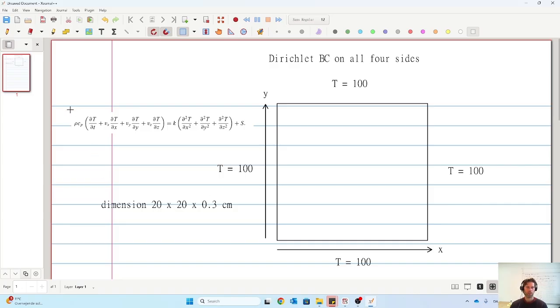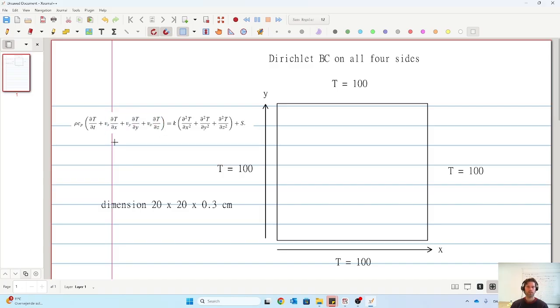If we look at our governing equation for the rectangular coordinates, because that is what we will use here, we see the energy balance as it is here, and we have the terms here, which are all related to advection.